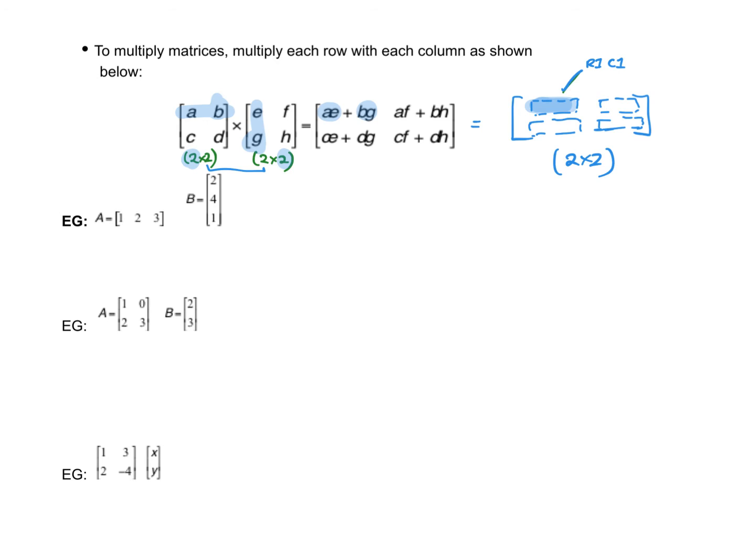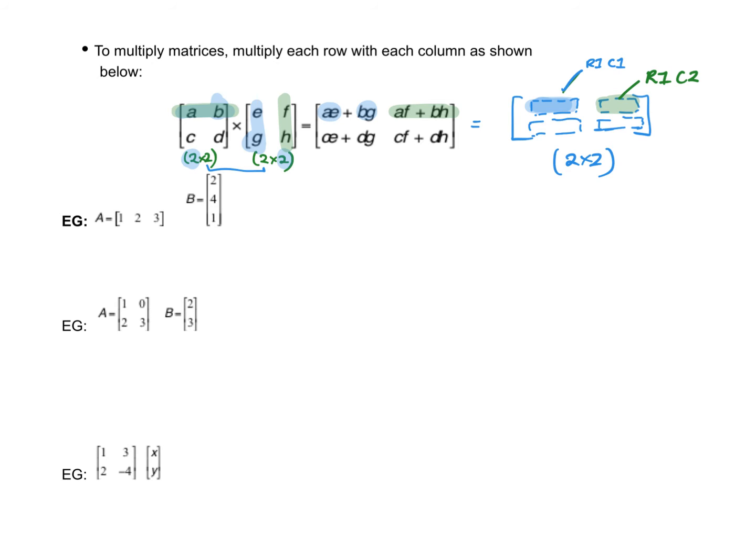So if I look at this one here, I'm going to do it in green, that one would be row 1, column 2. See how it's in row 1, column 2? So when you go to work this one out, you're going to use row 1 but column 2, and that's where they're getting that answer there.